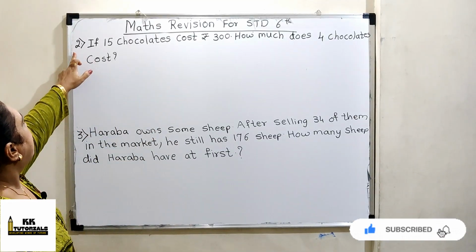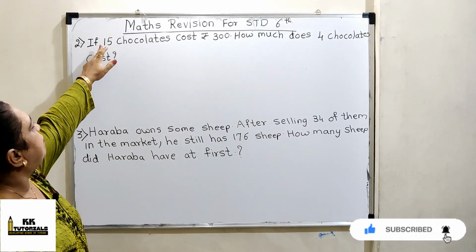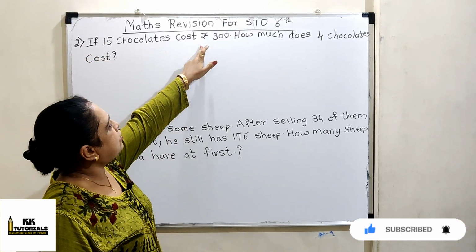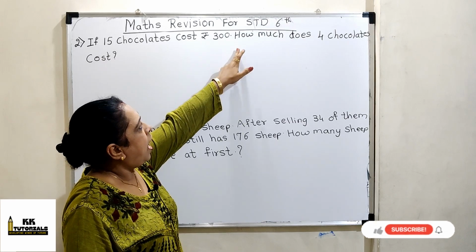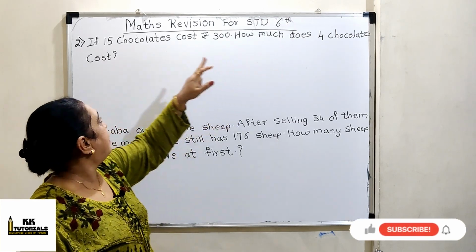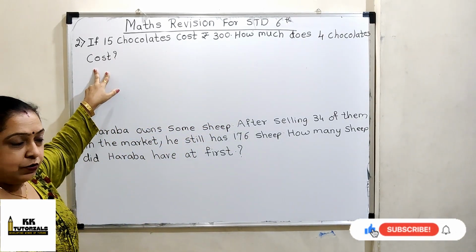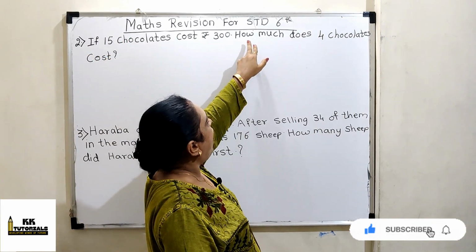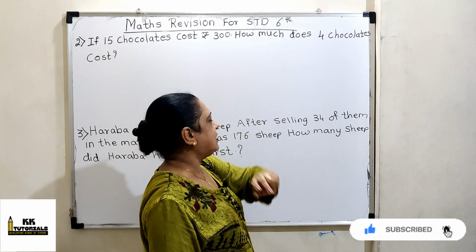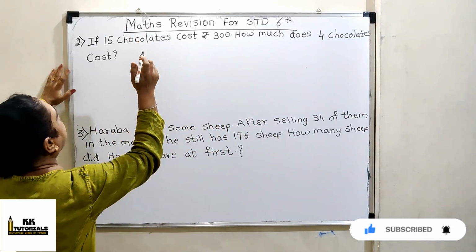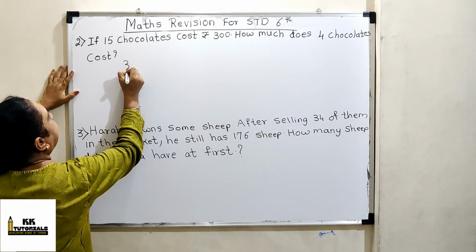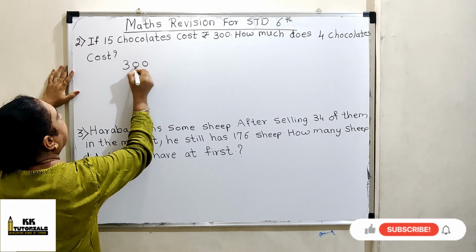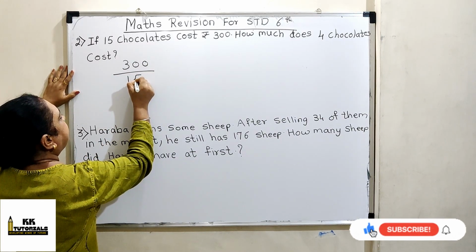So now we'll solve sum number 2. If 15 chocolates cost rupees 300, how much does 4 chocolates cost? See, 300 divided by 15.